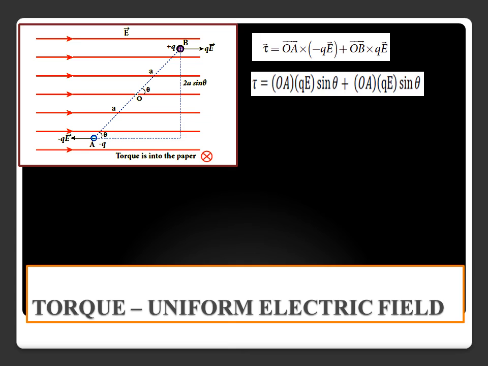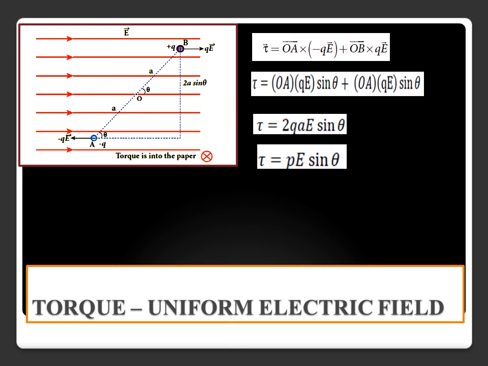The cross product is written with sin theta, so you get the value 2qaE sin theta. What do you infer from 2qa? Yes, 2qa is equal to the dipole moment p. Therefore, tau is equal to pE sin theta.